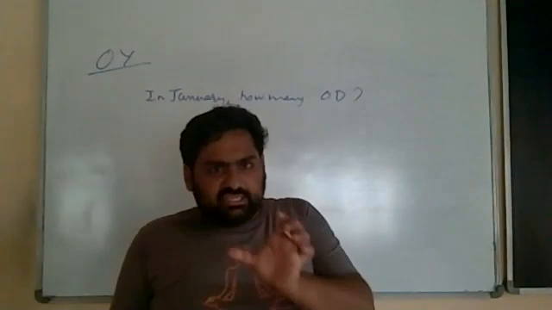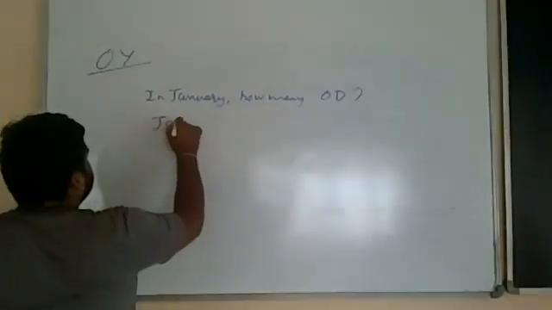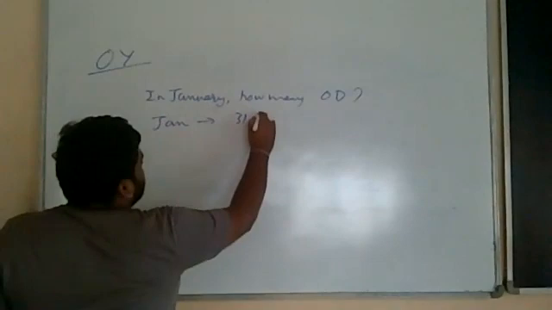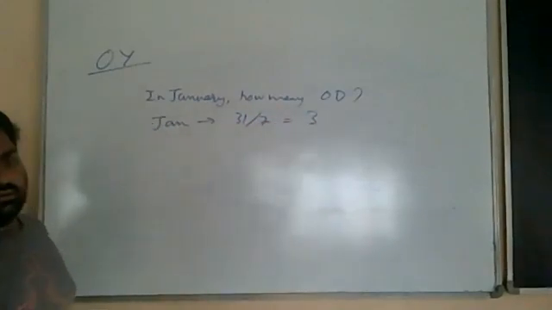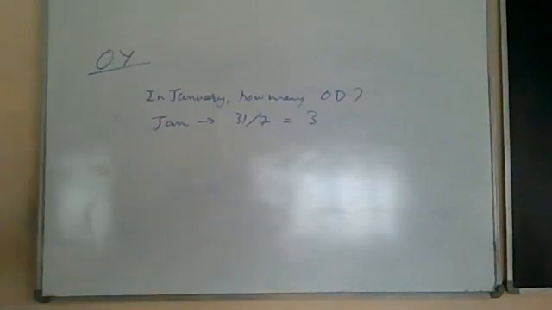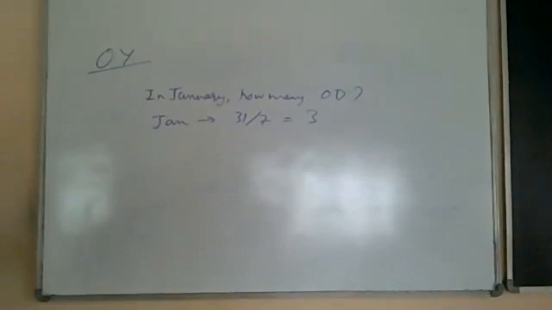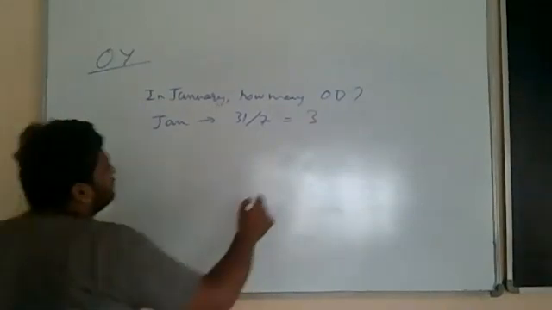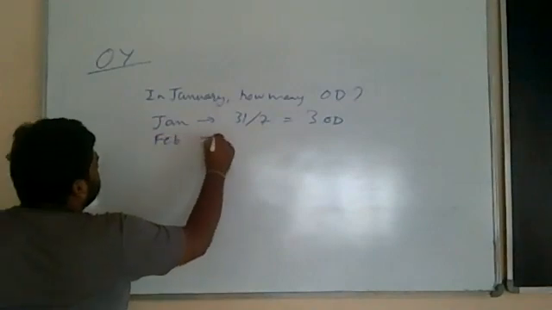Just consider only January. How many odd days? January has only 31 days. If I divide by 7, my remainder is 3, right? Yes. So there are 3 odd days, correct? 3 odd days.